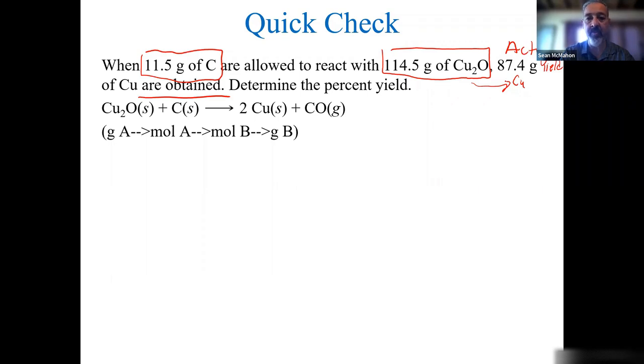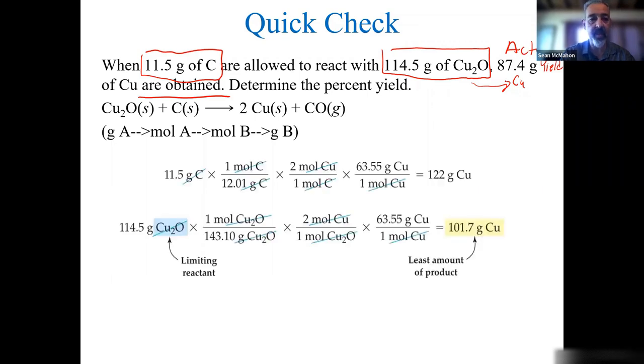So start with the grams of each given. I got 11.5 grams of carbon, I convert it to moles using molar mass. Convert the moles of carbon to moles of copper. How? 1 mole of carbon, 2 moles of copper, mole ratio. And then the moles of copper to grams using molar mass. Then I do the same for the copper 1 oxide. I start with the given grams of copper 1 oxide, convert it to moles using molar mass.